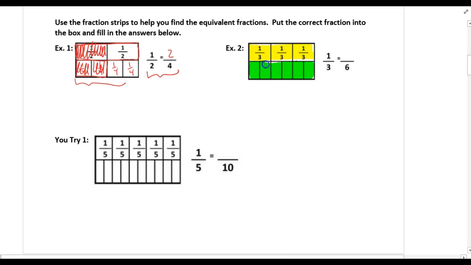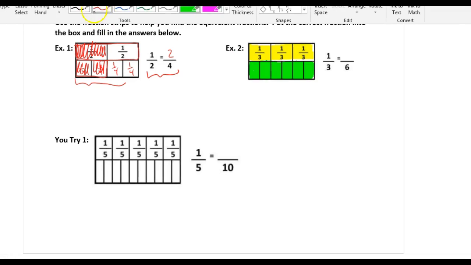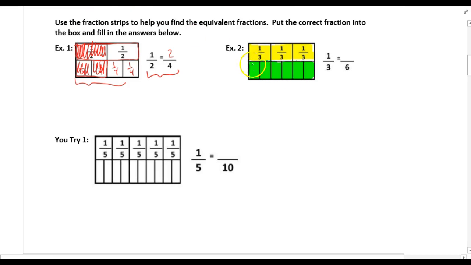So each box down below represents a sixth of the rectangle. So this would be a 1/6, this would be a 1/6, and so on. Now what you have to understand is, right, the sixth is a smaller portion of the rectangle.